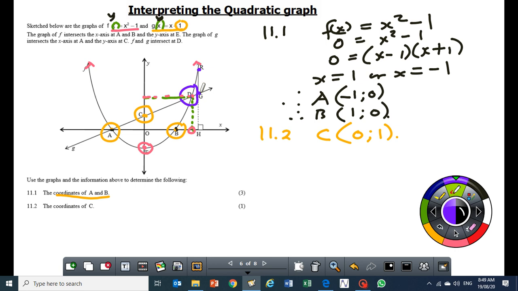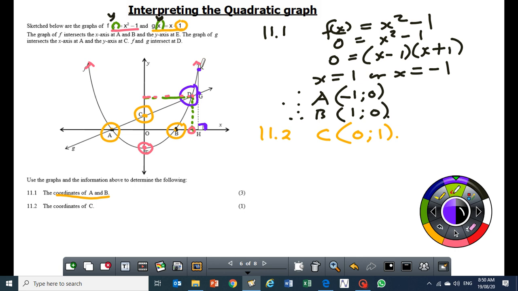And if we extend from G to the x-axis, we end up having a perpendicular there, which means this line RH is perpendicular to the x-axis, which means RH is parallel to the y-axis. So if you want to get the length of RG, we need to know what is the y value at G, what is the y value at R.